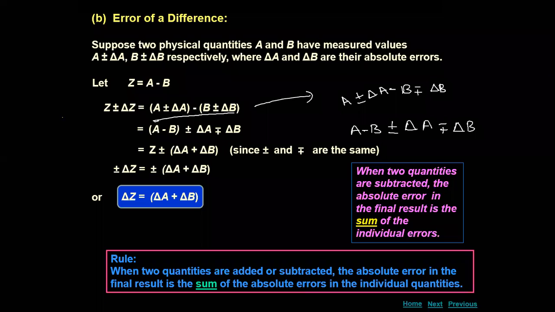So whether it is addition or subtraction, if you want the error in that combination, we directly check those error values and add them. That is the error in the resultant measurement. Okay, we'll go with the next.